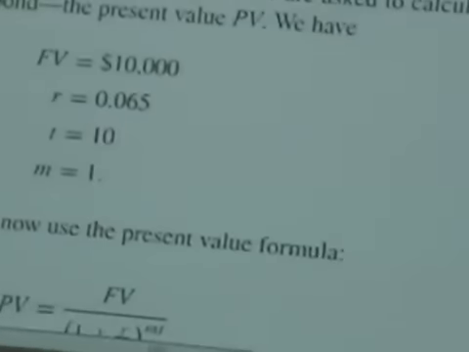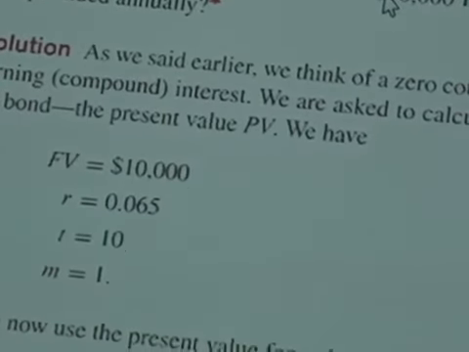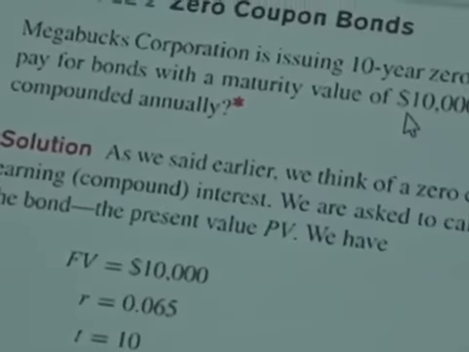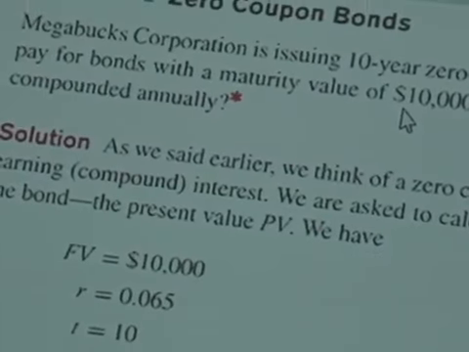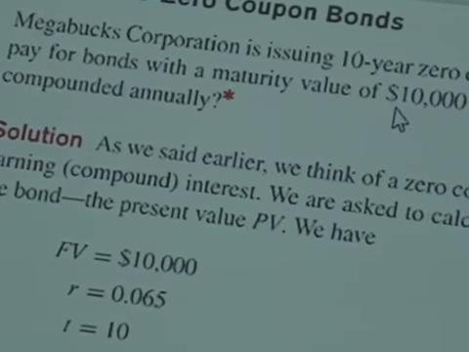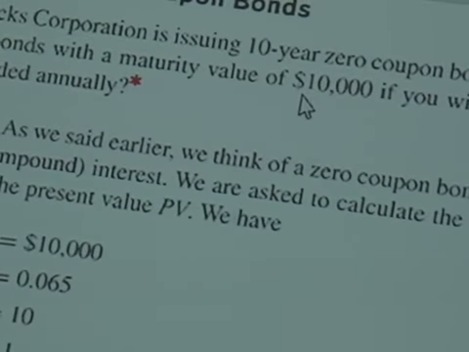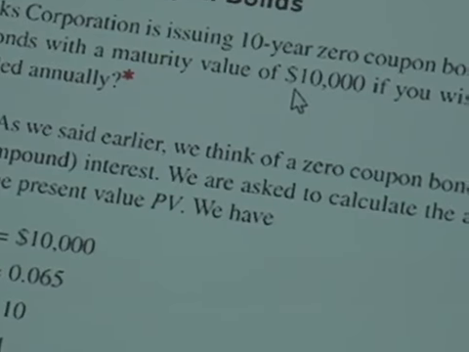So how do we figure out the answer though? How much should we pay? Well, we're just going to use the same formula that we've developed, our compound interest formula. The only question is, what are the things that are known, and what are the things that are not known?